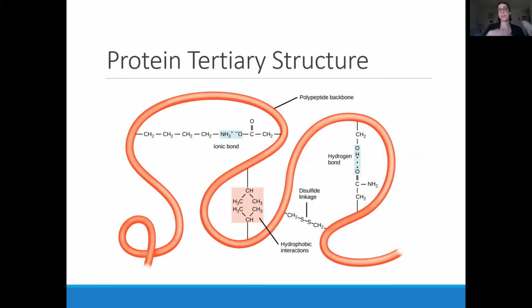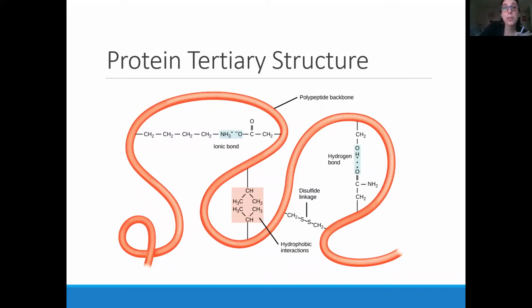But how do we take those potential helixes or sheets and bind them together into one final cohesive three-dimensional structure? This is done through special types of non-covalent bonding and linkages that occur between potentially far points of the whole amino acid peptide structure.